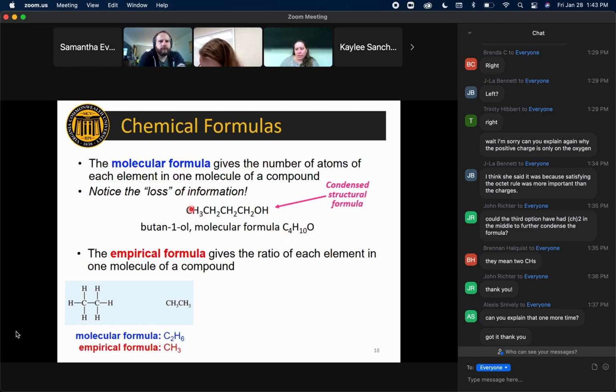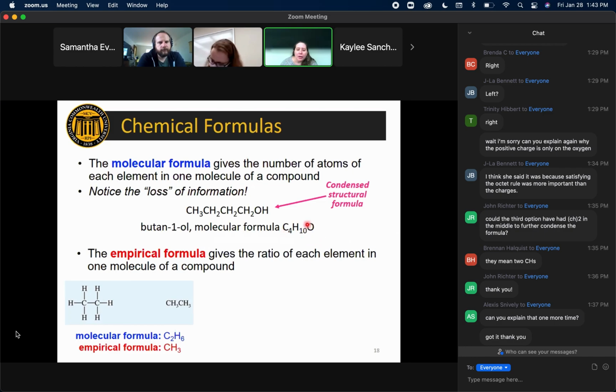I want you to notice how much information is stored in this condensed structural formula and how little information there is in this molecular formula. Of course, it's still information, but we lose a ton of information when we go from a condensed structural formula, which gives us information about how these things connect, to this molecular formula.